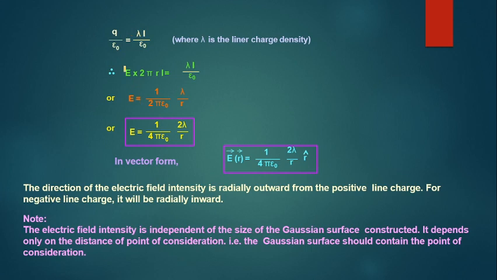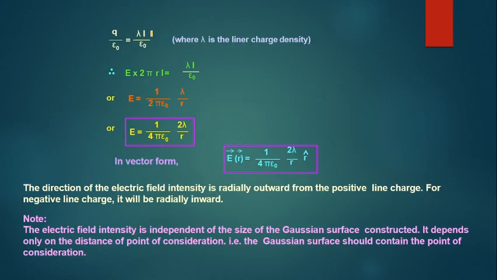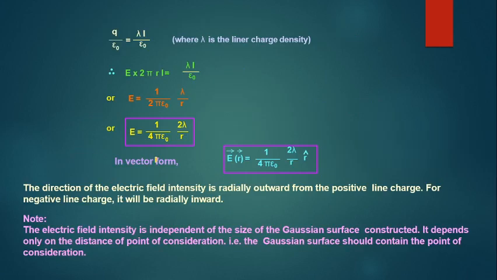Substituting this value Q divided by epsilon naught in this equation, E into 2 pi rL, sorry, this is 2 pi rL, is equal to lambda L divided by epsilon naught.